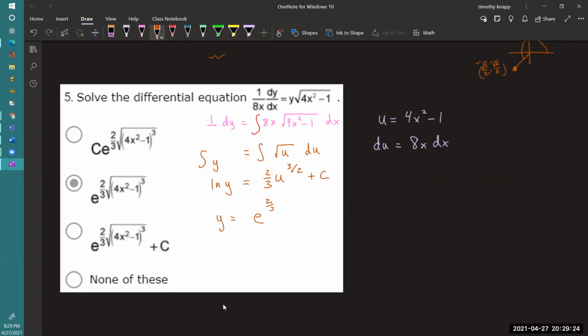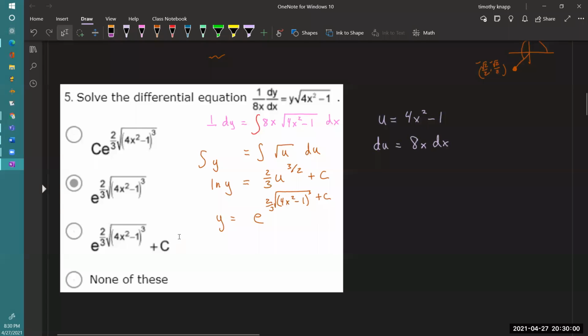So that's going to be 4x squared minus 1 to the 3, and then halves is going to be square rooting it. Okay. But then the issue is this plus c is, man, it's way up there. It's not down here, right? It's not down there. It's up there. And you're thinking, oh man, oops, I erased the wrong one. It's up here. It should be up there.